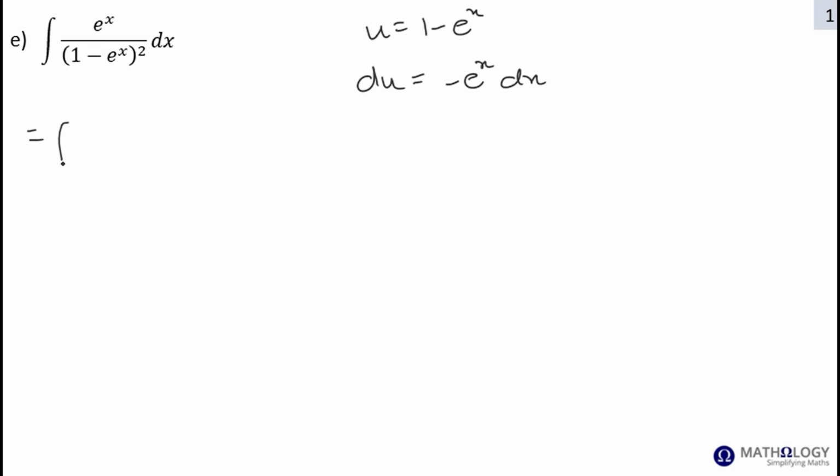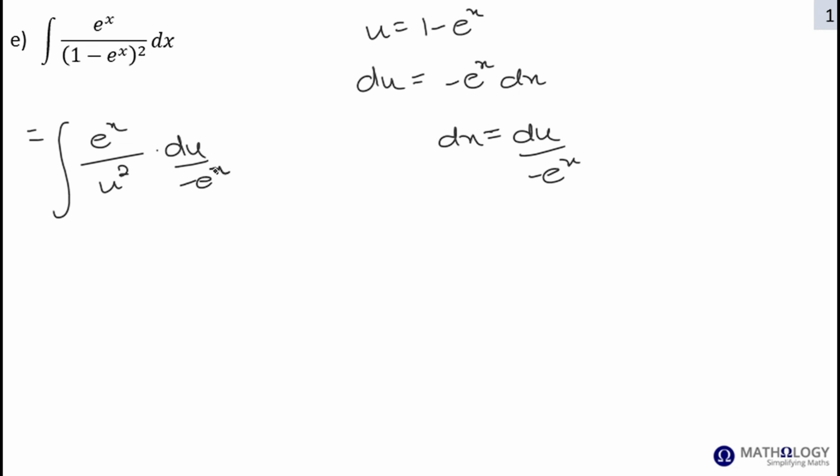So this will equal the integral of e to the x over u squared, and dx equals du over minus e to the x. So it will be multiplied by du over minus e to the x. E to the x cancels, which is nice.